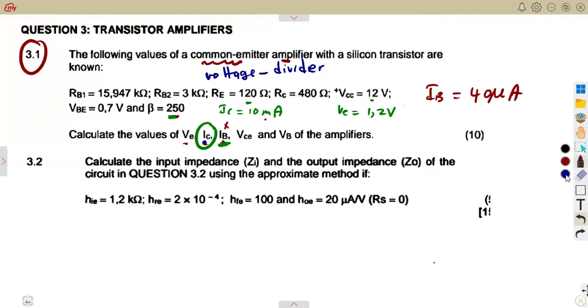Then we move on to another value, which is VCE. Since we are talking of a voltage divider, definitely RE is to be considered. Where RE is considered, it means VE is considered, just like what we saw. So on our calculation of the VCE, VE is supposed to be involved.